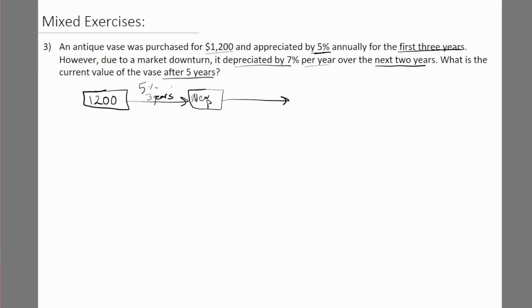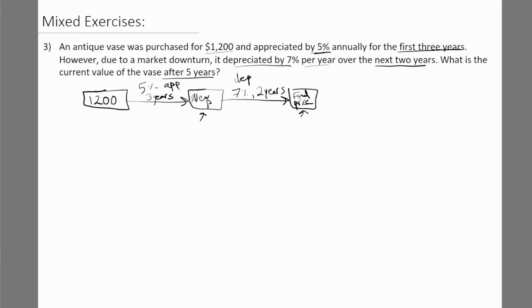So this right here, this was appreciation, okay? And now it depreciated by 7% for the next 2 years until we reach the final price today, okay? So again, in order to solve this scenario, we firstly need to find out the middle price right here, and then depreciate this price to find the final price.